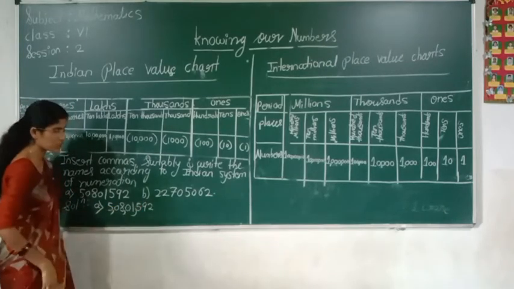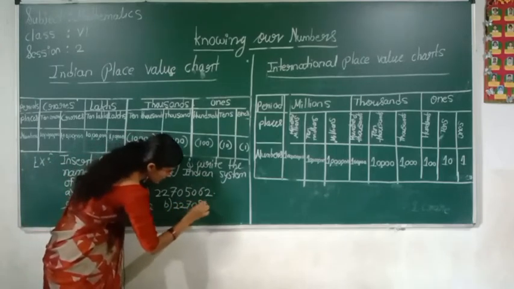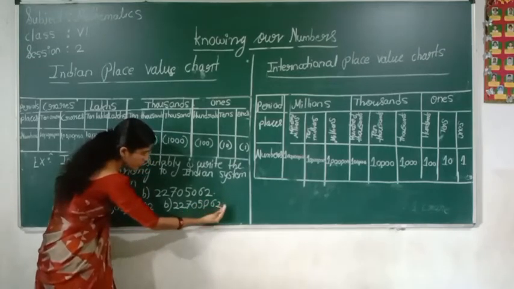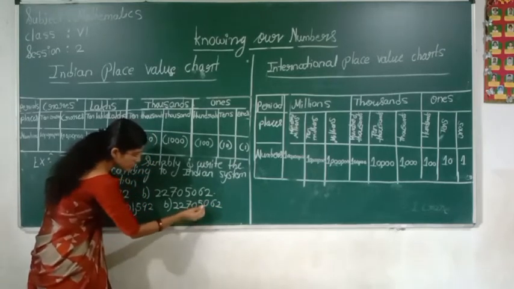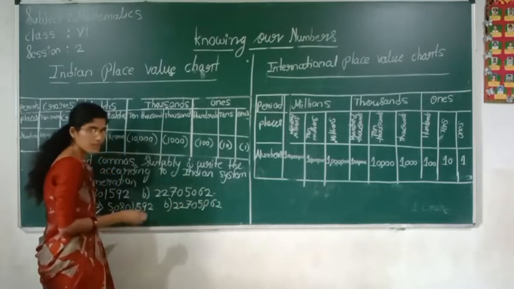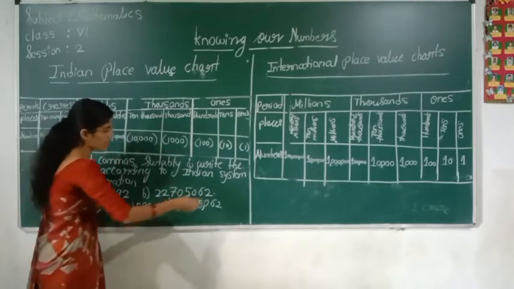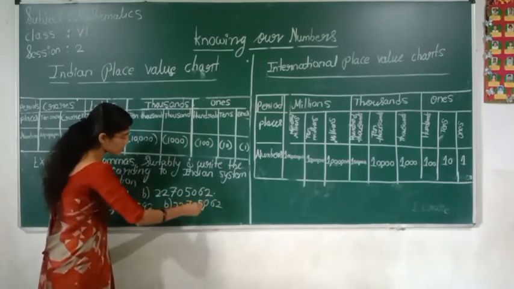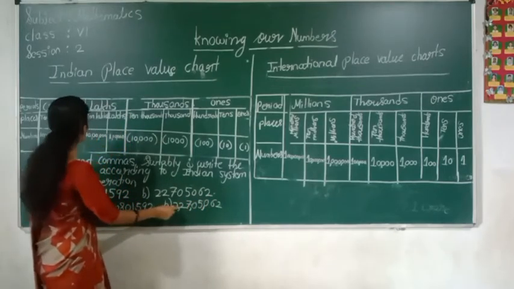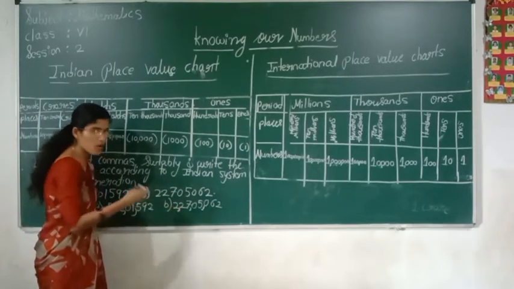Now see this number: 22705062. First, from the right side, we give a comma after 3 digits. Afterwards, from the right side, after every 2 digits we give a comma. This is ones period, this is thousands period, this is lakhs period, and this is crores period. When a comma is there, you have to remove that comma and tell the name.